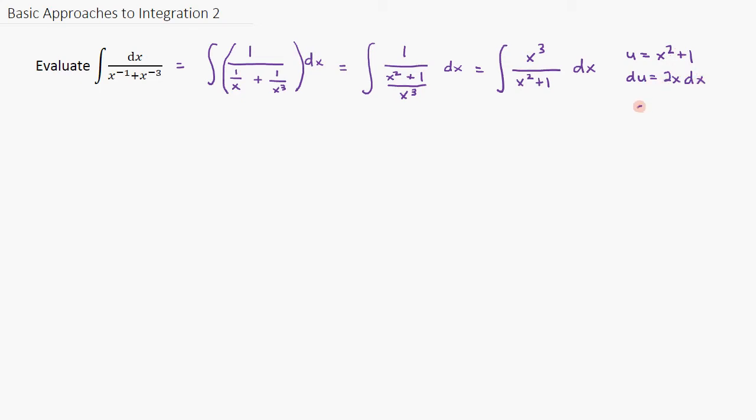And so that means that solving for dx, I divide by 2x. So du over 2x. Okay, so it's still not completely obvious how the substitution will work out, but let's try to substitute in as much as we can into the integral.